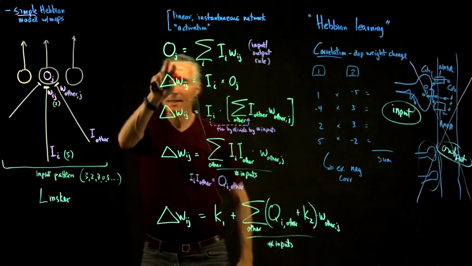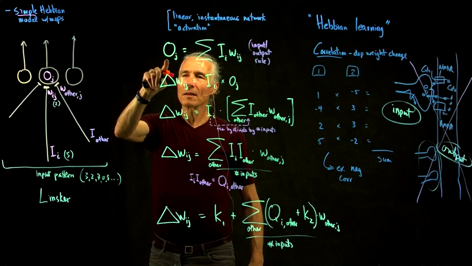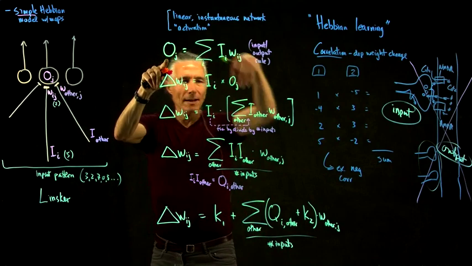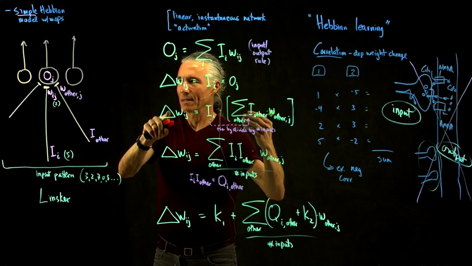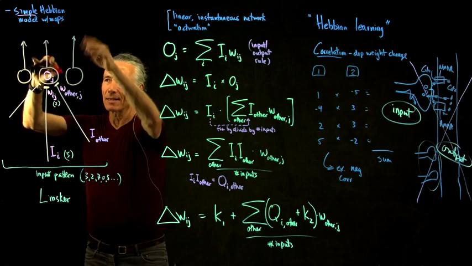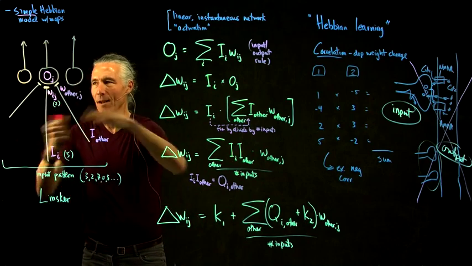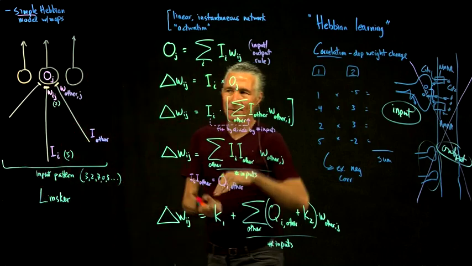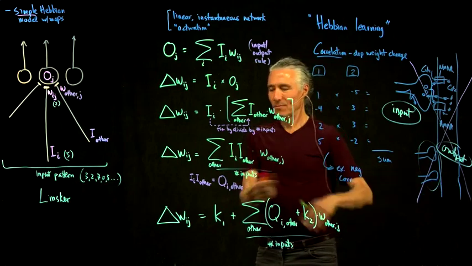And then we calculate the output here, insert that output into how we're going to change that weight, and then we change that weight. So there's no time. If you apply an input pattern, this thing doesn't change activity. You just apply an input pattern, calculate the output, you're done. There's no time course. It doesn't fire for a little while or anything like that.